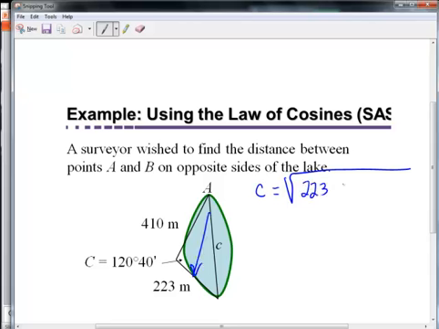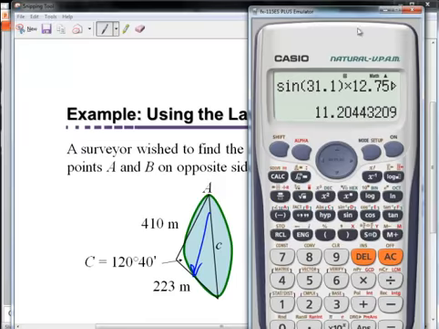It's across from angle A squared, plus B squared, 410 squared, minus 2 times A, 223, times B, 410, times the cosine of 120 degrees, 40 minutes. Okay, let's break out the calculator.